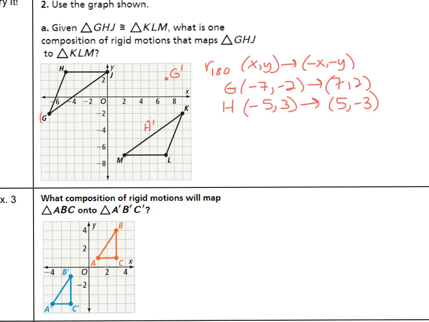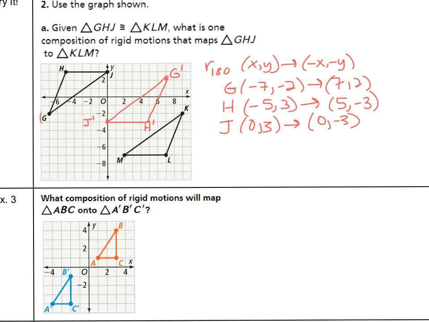And then J is at 0, 3. So we change x and y signs, it's just 0 and then -3. So that just drops down right here like so. That would be J prime. If we connect those, that looks pretty good. And now, this looks similar to the one we did on the first page.